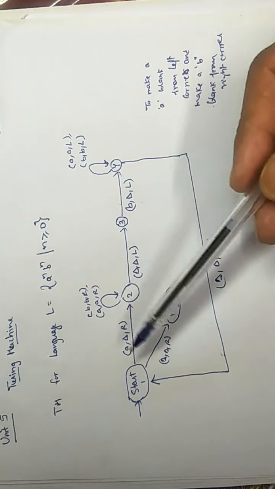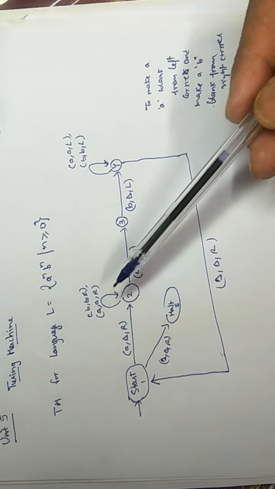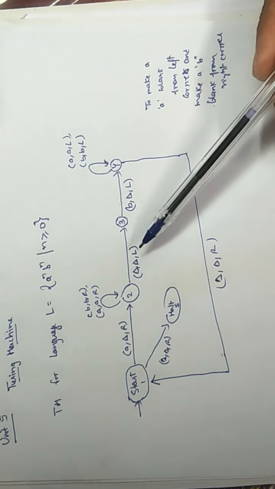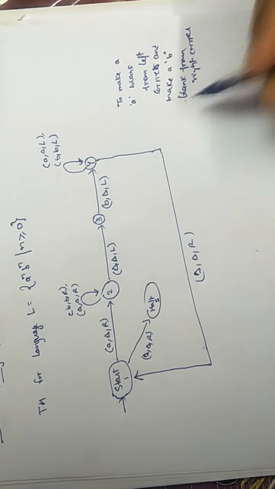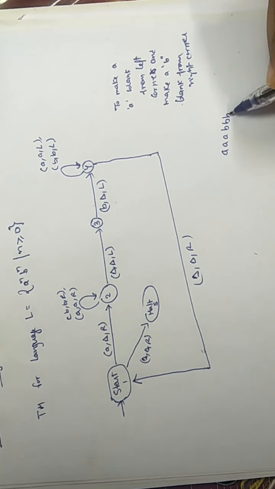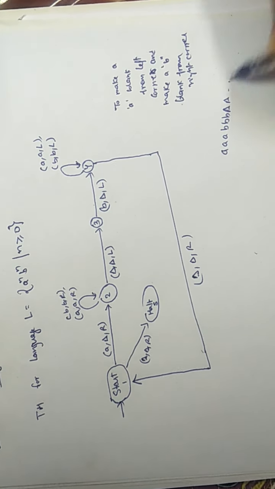We make a blank, then move to the right by reading all A's, then all B's, then we will get a blank. Suppose we have an input of triple A, triple B on the tape, and then there are blank symbols.